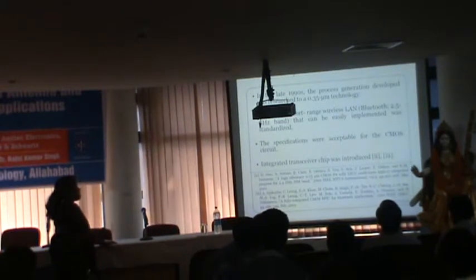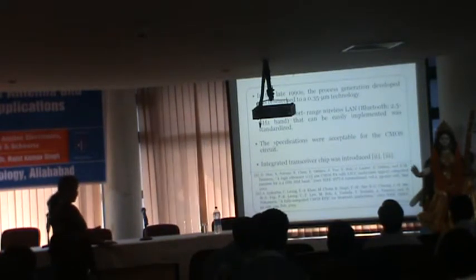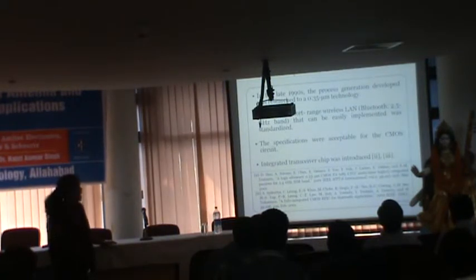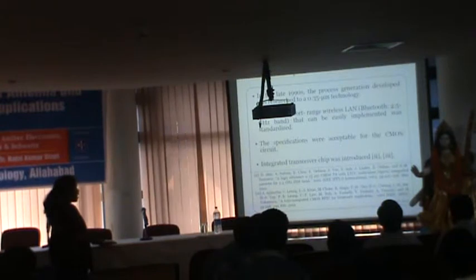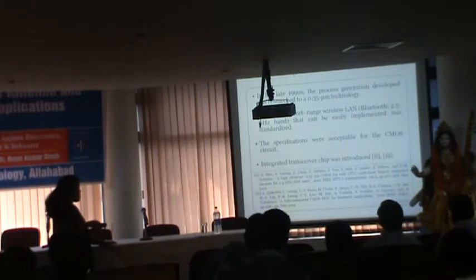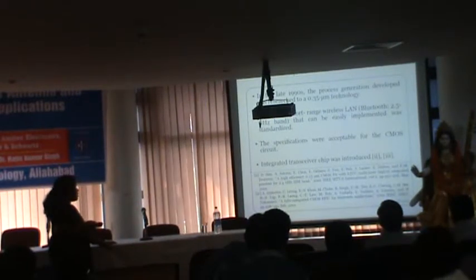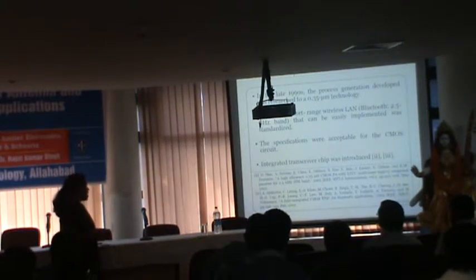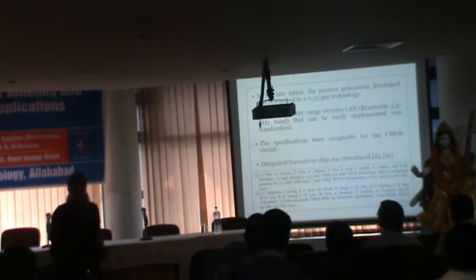When we can design this, it was standardized also. The specifications were acceptable for CMOS circuits, and the references given for this are these two. The integrated transceiver chip was introduced during this period, somewhere around 2000 and 2001. The second one also came up with a chip, an integrated transceiver we are able to implement with CMOS.